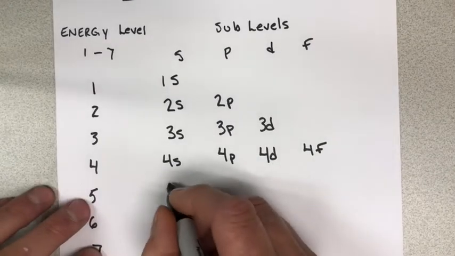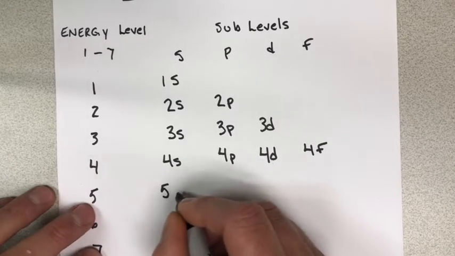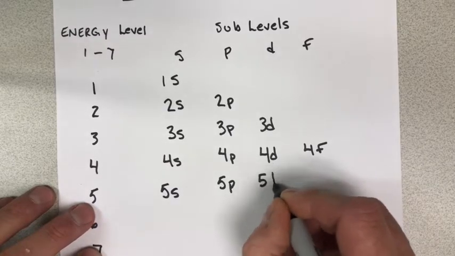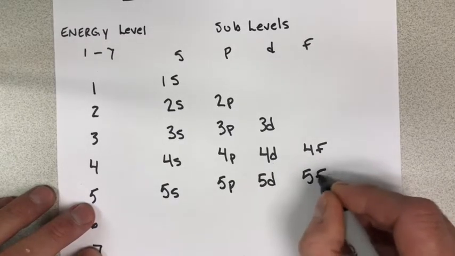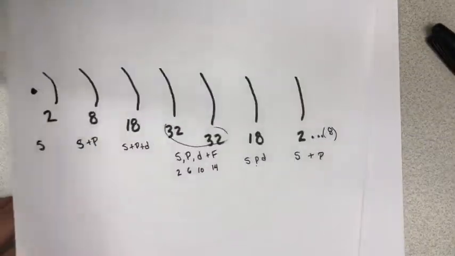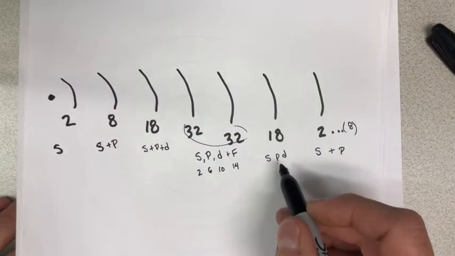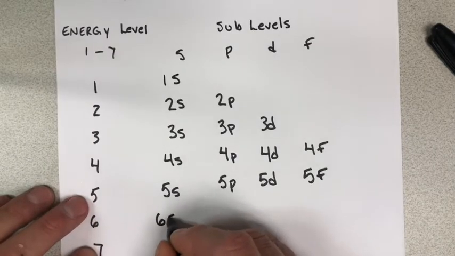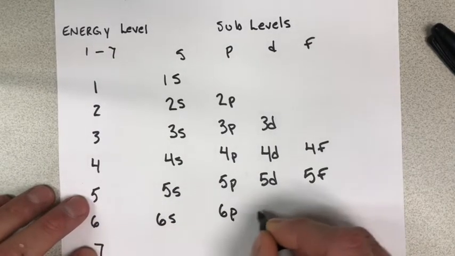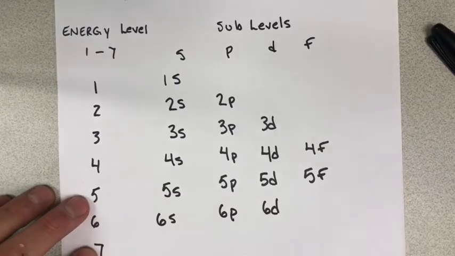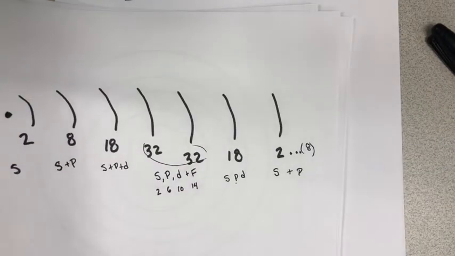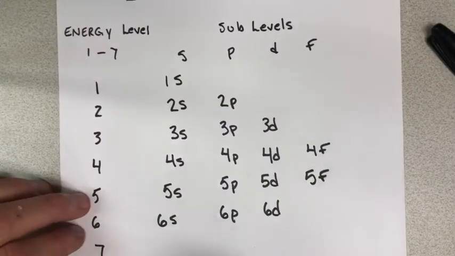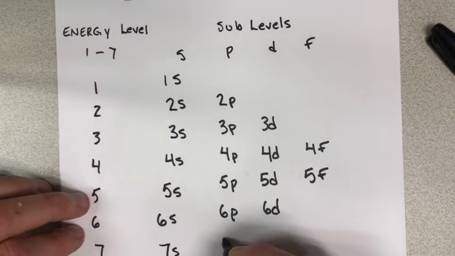Okay, in the fifth, same sublevels, 5S, 5P, 5D, and 5F, okay? In the sixth energy level, we only have S, P, and D. 6S, 6P, and 6D. And in the seventh, we for sure have an S, and we'll put a P sublevel in there too, just to be fun. Okay, so we have 7S and 7P.